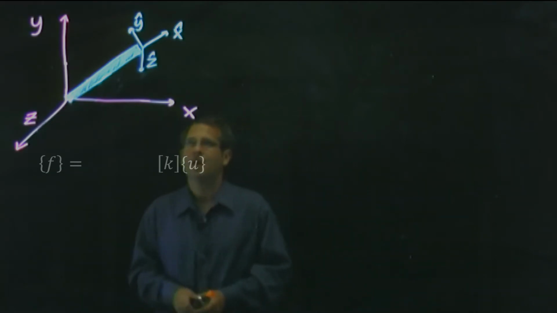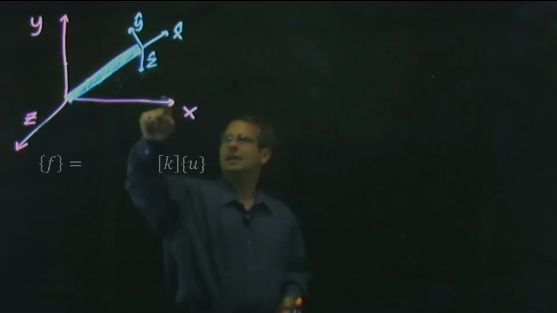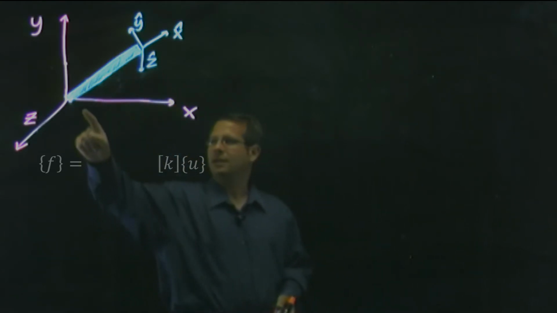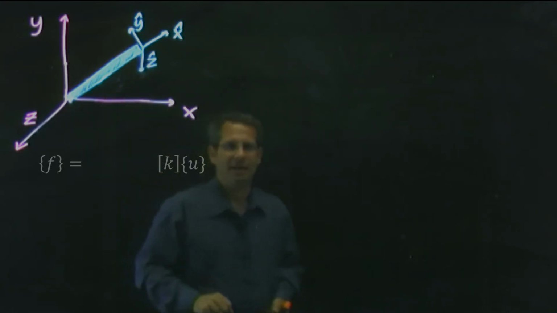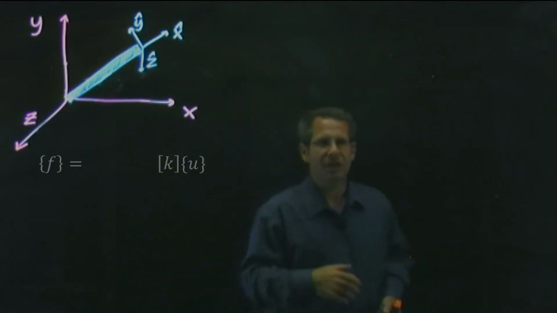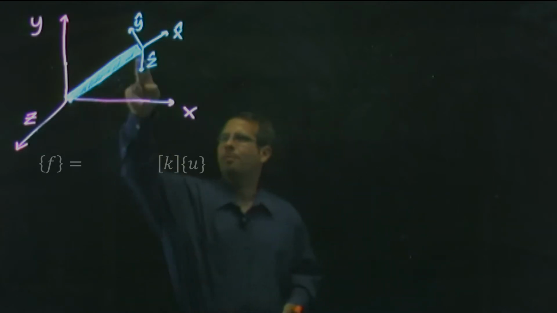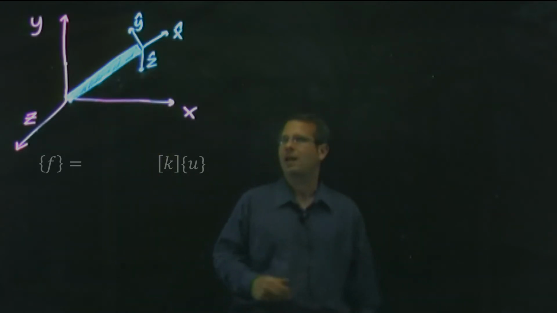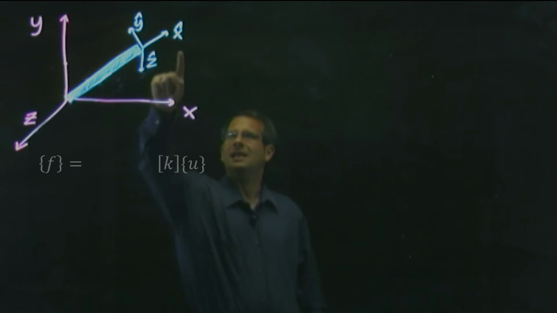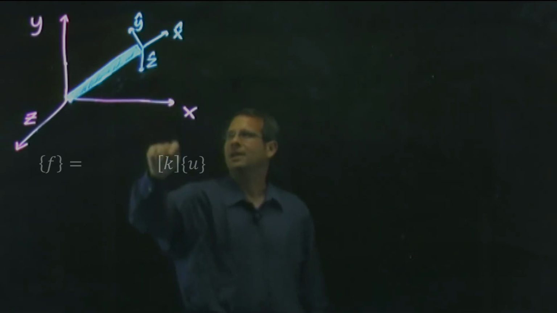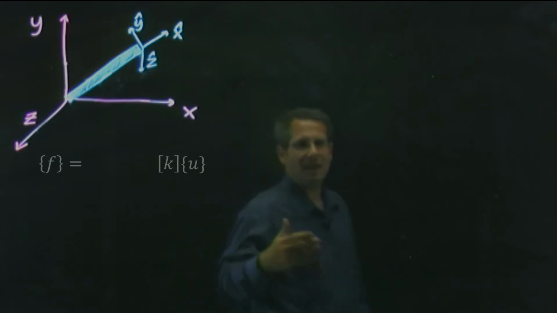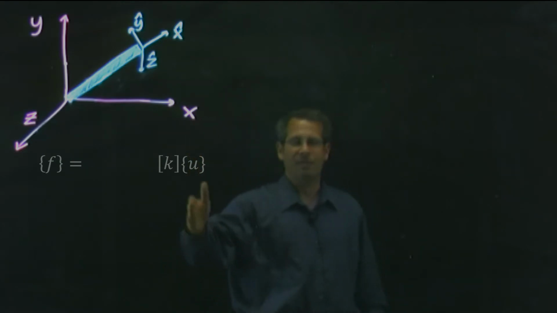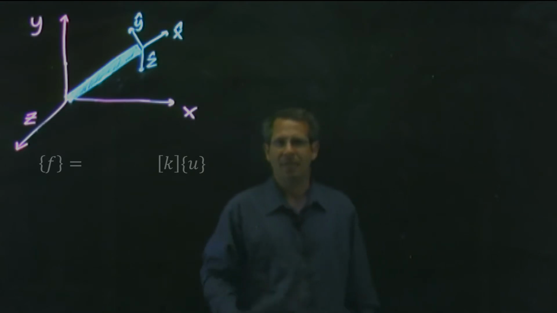Now you'll note that since each bar element still will have a node at this end and a node at this end, we'll be analyzing 2 nodes per bar element, but now each bar element can be displaced in an x displacement, a y displacement, and a z displacement. That means our displacement vector will now have 6 elements.